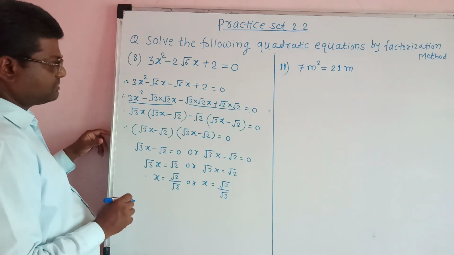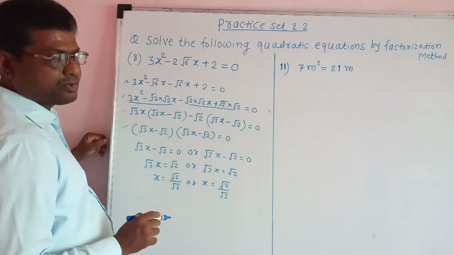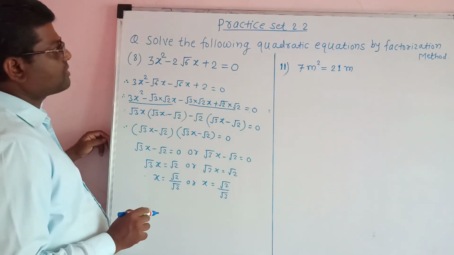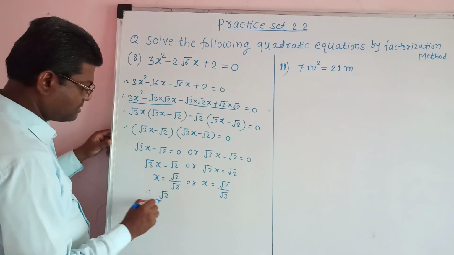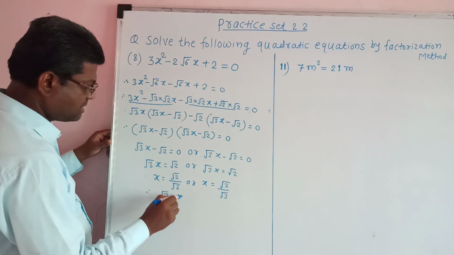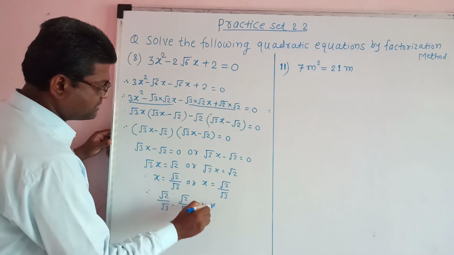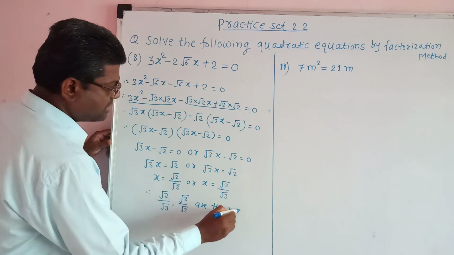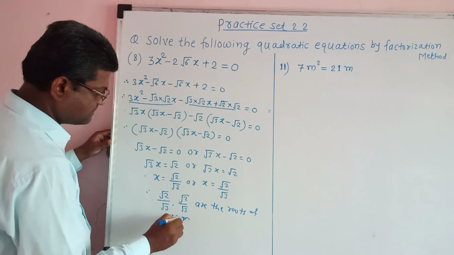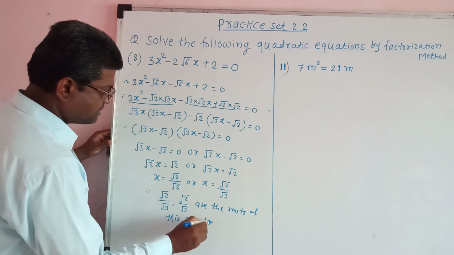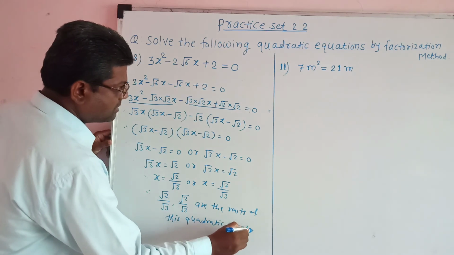So there are two roots, root 2 upon root 3 and root 2 upon root 3. The roots are common for this quadratic equation, therefore we write root 2 upon root 3 and root 2 upon root 3 are the roots of this quadratic equation.